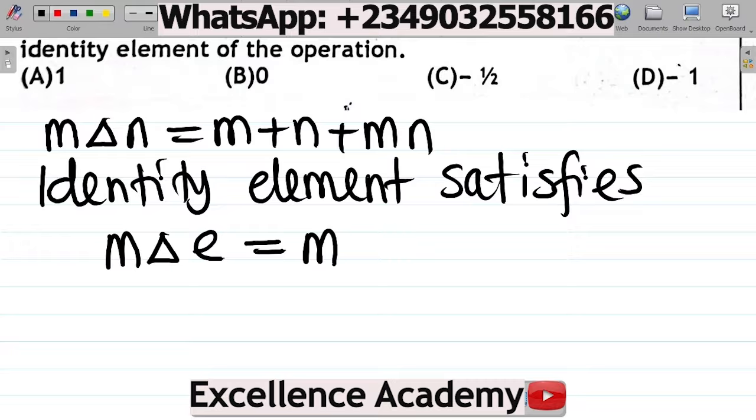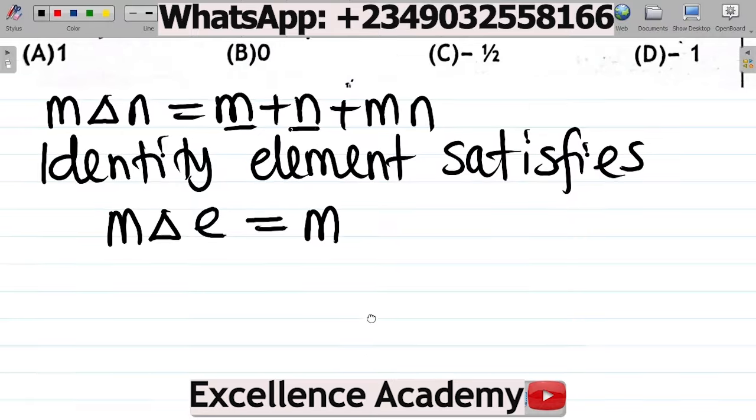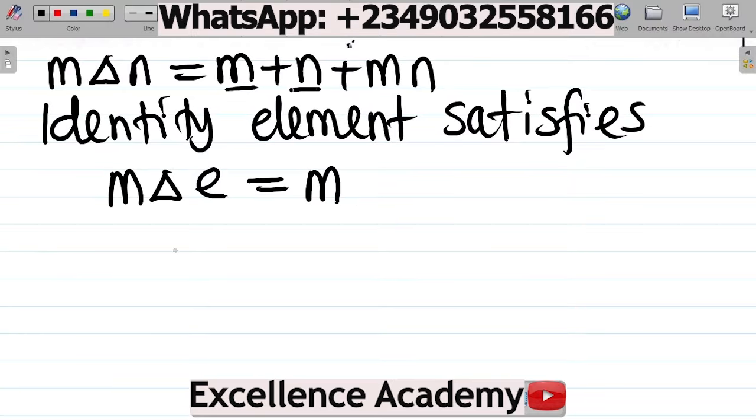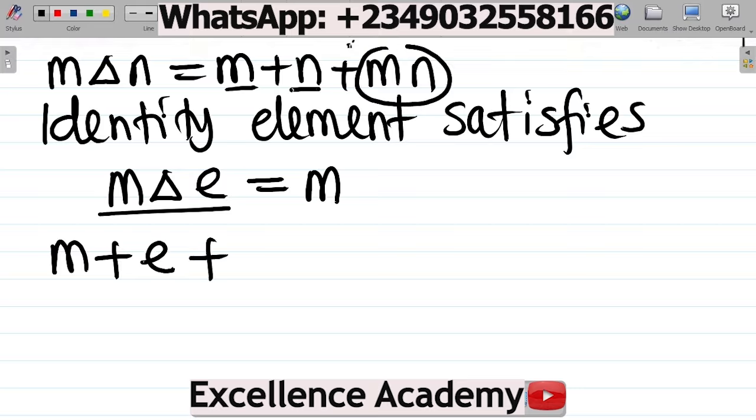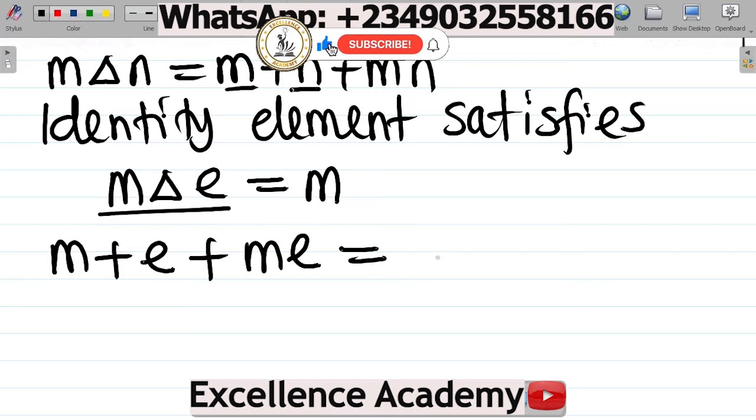All right, so it'll be equal to what you have here, which is m. And if that's true, if you have that m triangle n is m plus n plus mn, it means m triangle e becomes m plus, when this was n, you had n here, but now we are using e, so m plus e plus, the next term should be mn, but again, we're working with e, so it becomes me, so plus me is equal to what I have here, m.